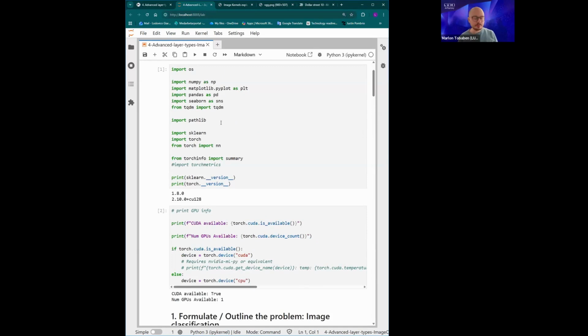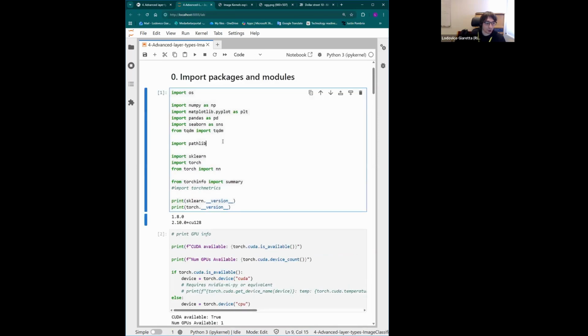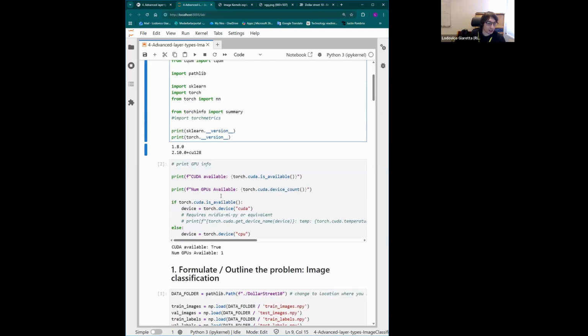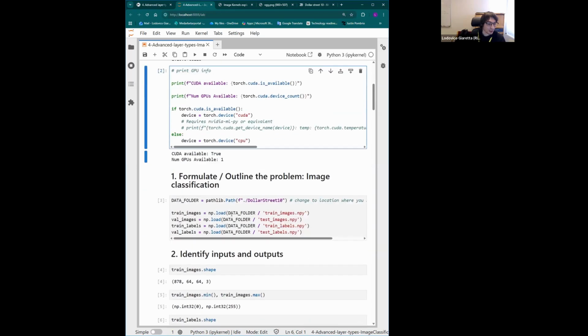So I suggest let's quickly run through the initial part of the notebook if you haven't done already while I was talking. So we just load our libraries, we check our GPU or CPU device available, we load our data. For you, it's already set if you're on Lumi to the correct path. I had to change it because I'm running locally.